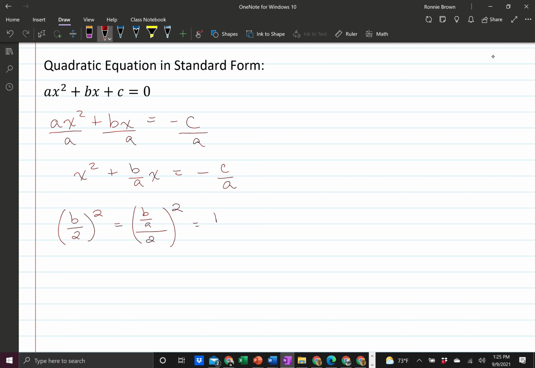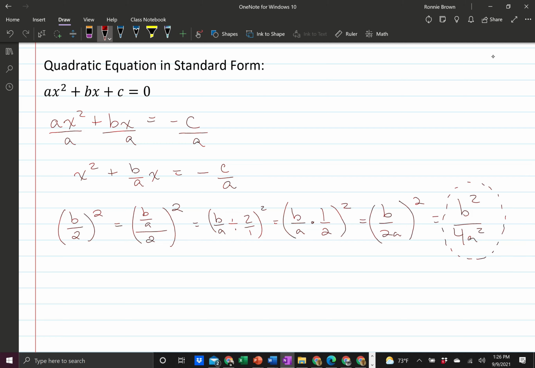This whole thing squared really means b over a times 1 over 2, right? Because when you divide fractions, you flip the second fraction and change it into multiplication. So now it becomes b times 1 is b, a times 2 is 2a, and then we're still going to square this, so we get b squared over 4a squared.